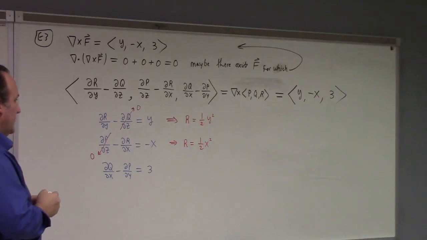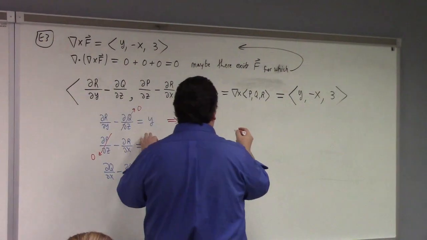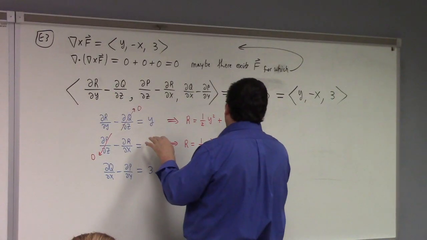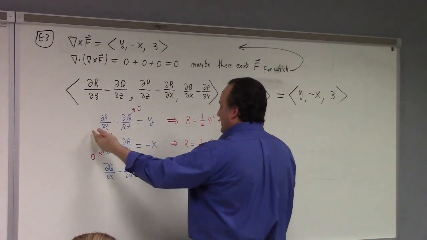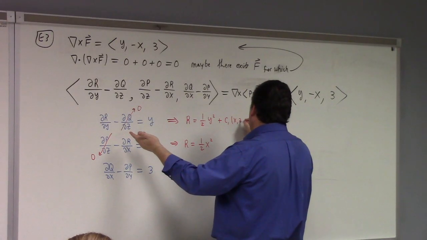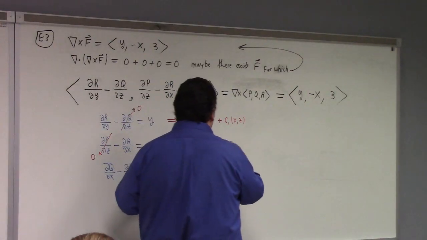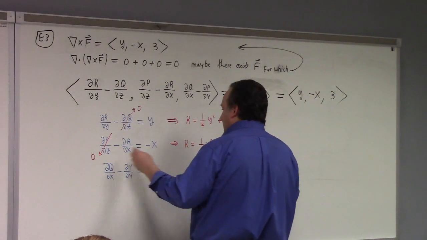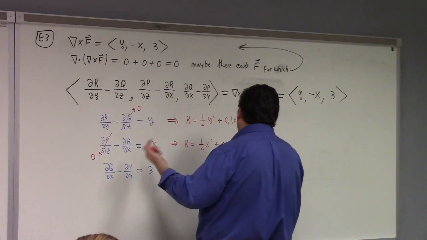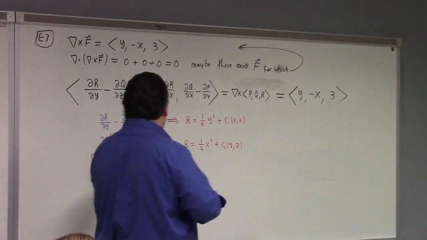Now, to be fair, I could have added a constant. Like in the first one, I'm partial integrating with respect to y, so this could have, in principle, had an x or a z dependence in here as well, right? And in my second one, I'm partial integrating with respect to x, so I could have had a y or a z dependence in there, and it wouldn't have fouled up what I was trying to do there.